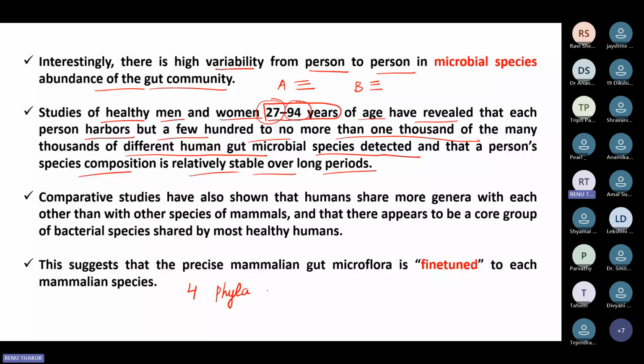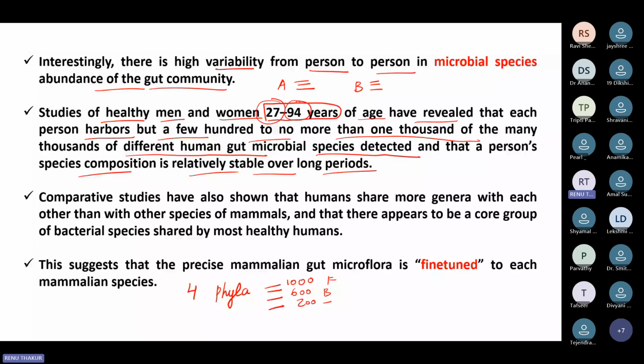Suppose thousands of firmicutes, 600 of bacteroidetes, 200 of actinobacteria, and likewise. So these are the major bacteria. It is still under exploration, but majorly these four are abundant in the microbiome of men or women.